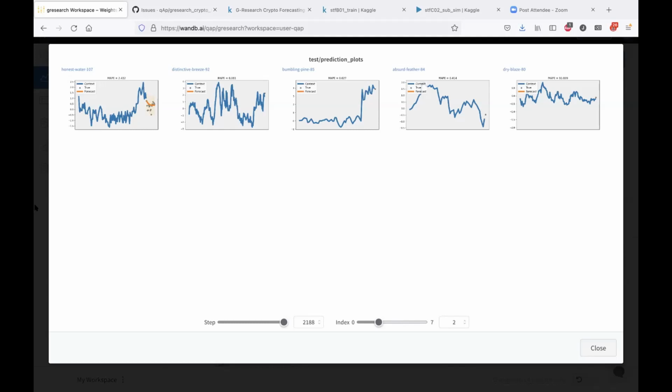In PyTorch Forecasting, you are able to use all the variables provided by the competition, including the open, the volume, and the WAP. You can stick everything in as independent variables.